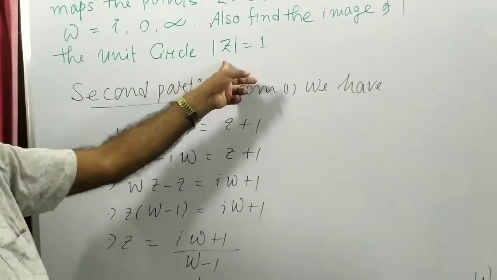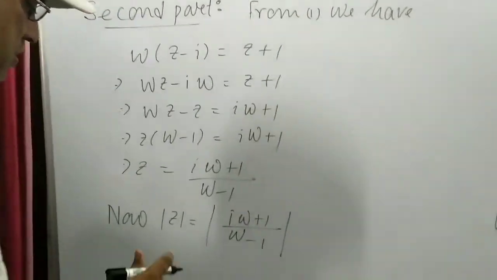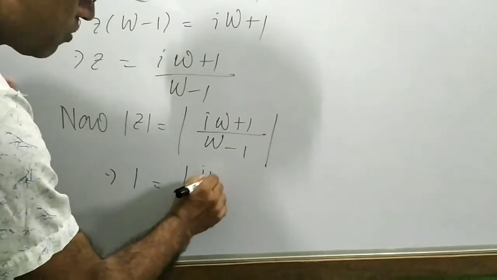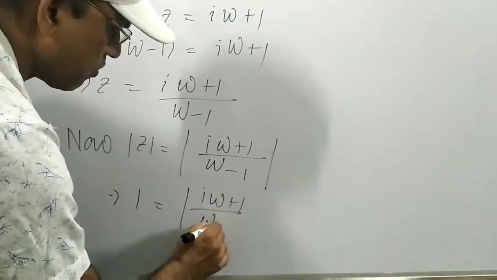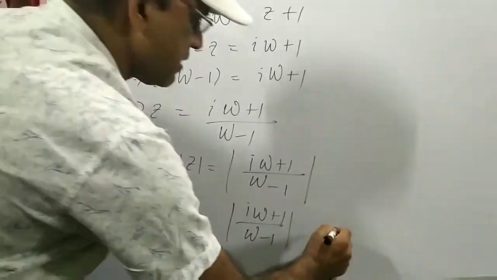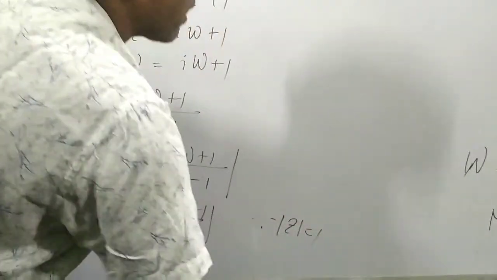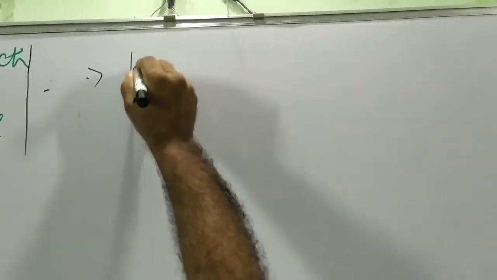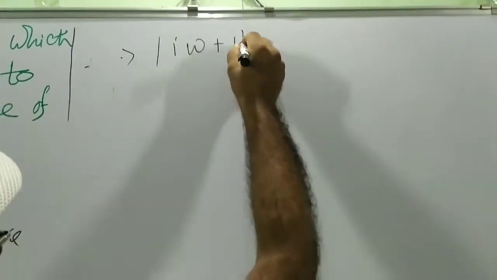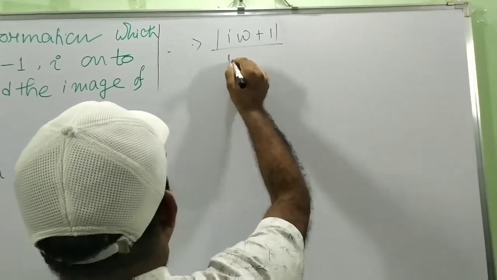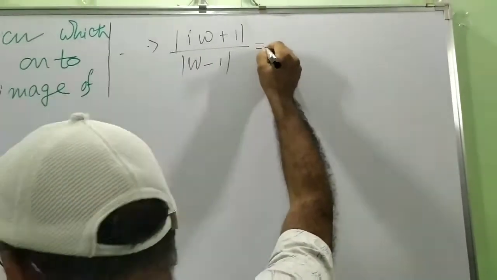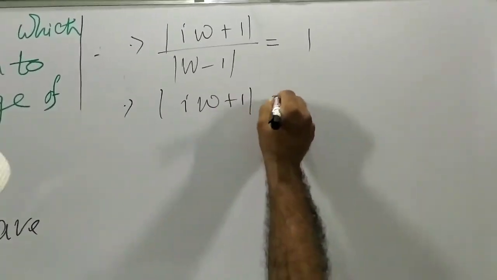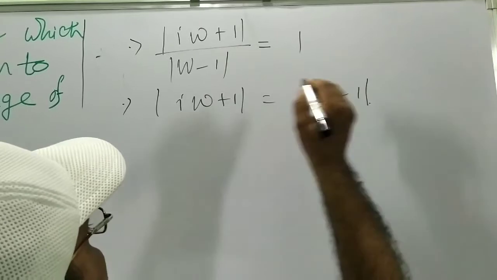Because in our problem mod z equal to 1 is given. So putting mod z equal to 1, we get mod of (iw plus 1) over (w minus 1) equal to 1. We separate the modulus: mod (iw plus 1) equal to mod (w minus 1).